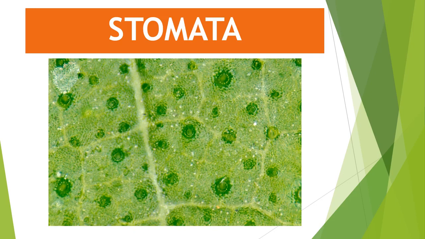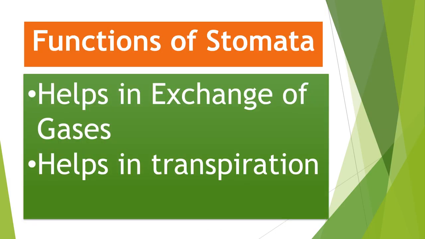We cannot see them with our eyes. We can see them with the help of a microscope. And what are the functions of stomata? The functions of stomata are that they help in the exchange of gases. Stomata help the plants exchange gases and help in transpiration.